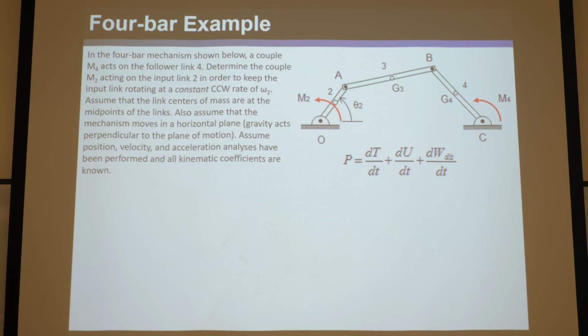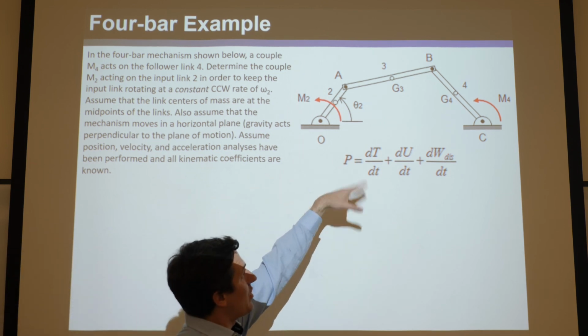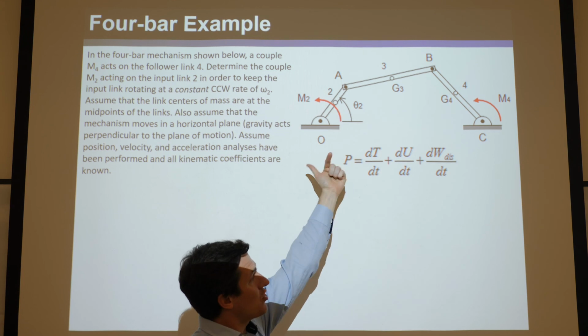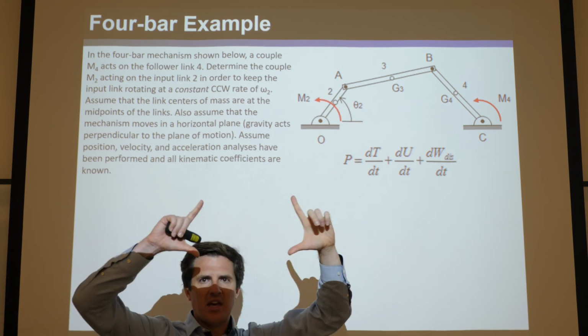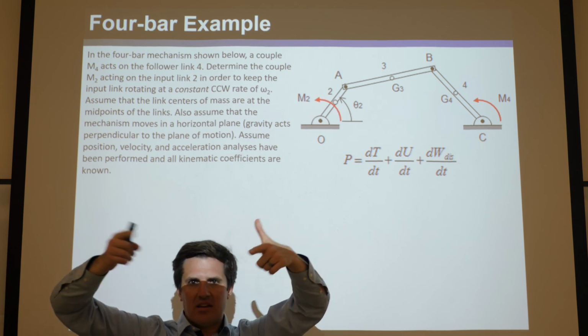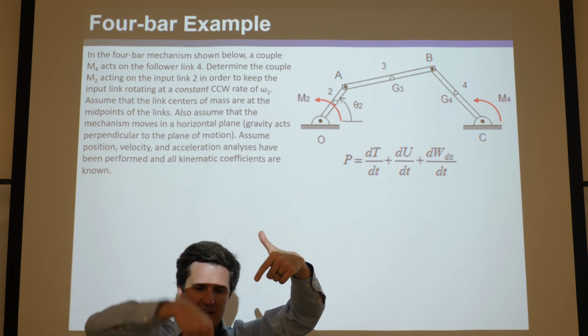Also, assume that the mechanism moves in a horizontal plane. That means gravity acts perpendicular to the plane of motion. Usually we like to think of gravity pulling down, but what they're saying is gravity in this case is going out toward you. So you'd have to think of the mechanism like this, and you rotate it down, and it's working in this plane where gravity's pulling down like this.